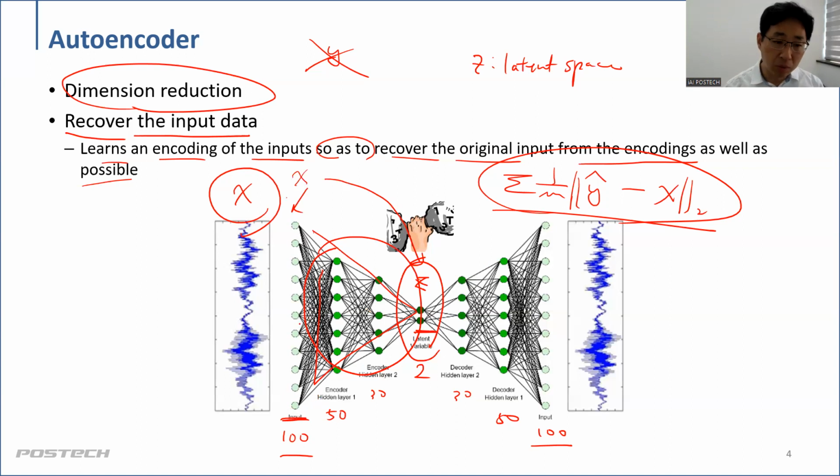By doing that, what I mean is that if we have some redundant information in the inputs, most likely in the Z space, Z does not keep that redundant information. Say, for example, we have only 2 neurons out of 100. That means we have to keep the most critical, most important 2 features.